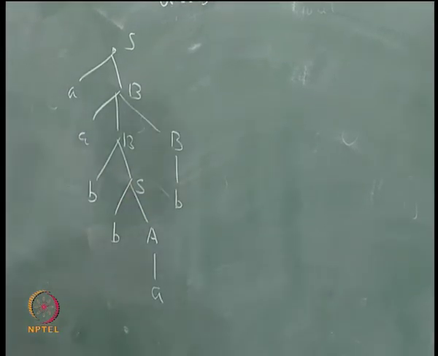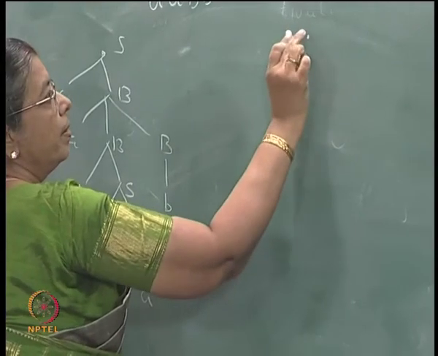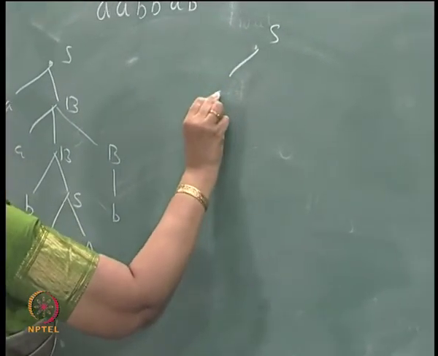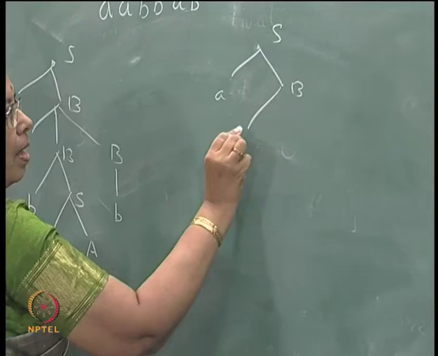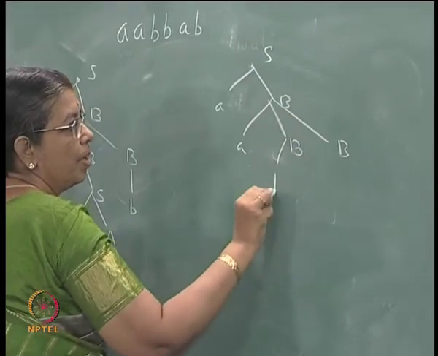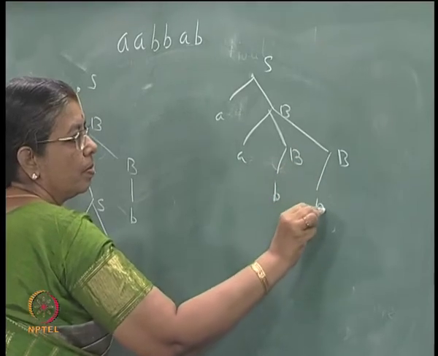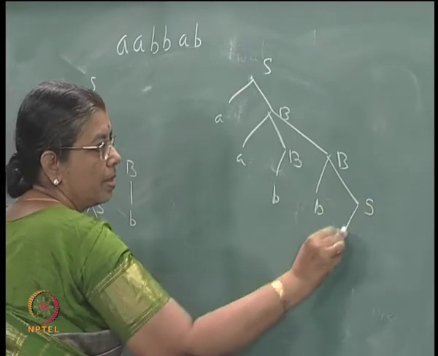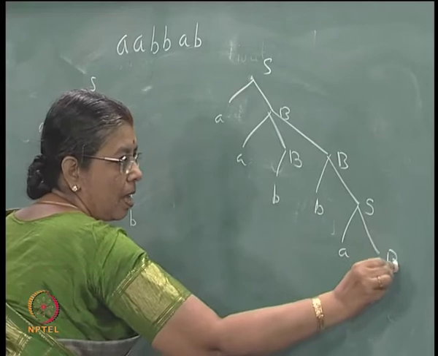This is one derivation tree. Another one will be S goes to AB, A, B, B, this will go to B, and this goes to BS, A, B.